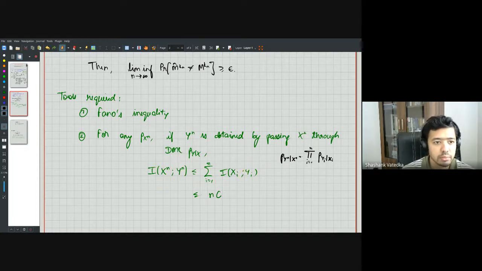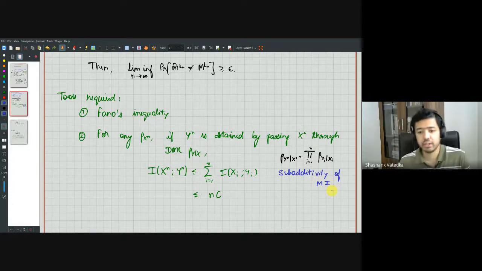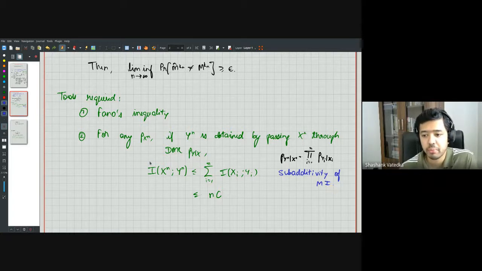This is sometimes called the subadditivity property, or the tensorization property of mutual information. With this subadditivity property and Fano's inequality, we are going to prove the converse of the channel coding theorem.